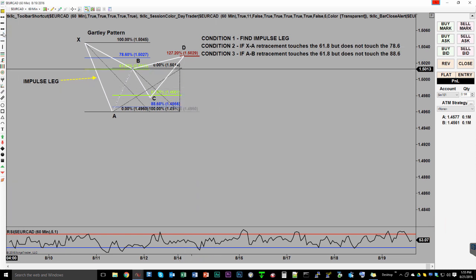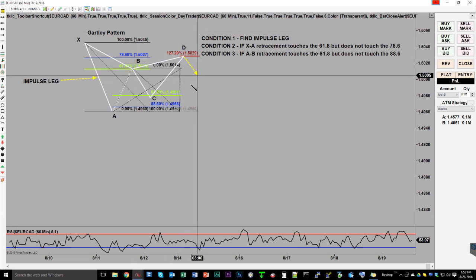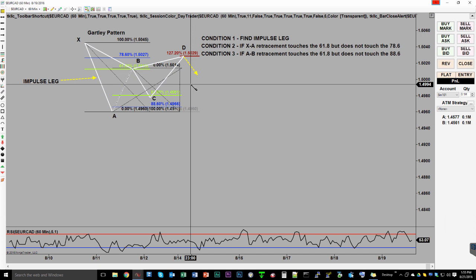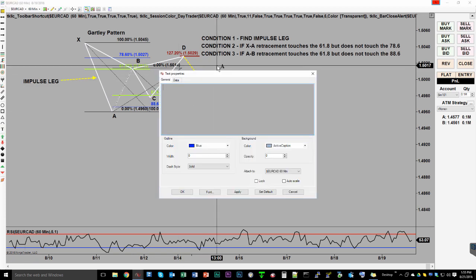And again, what we're looking for is the completion up here and the market to do this and go short. So we'll talk about the targets and how you do that here in a second on an actual example. But let's go ahead and put in our final condition, right?